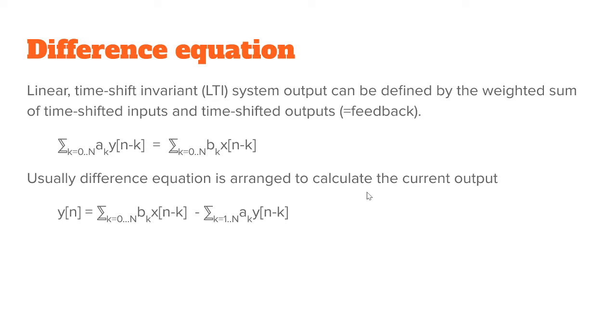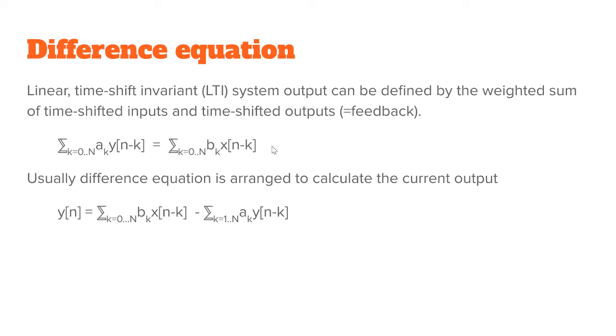What this upper form shows is one way of showing the difference equation. It has the weighted sum of the output and its history, y[n-k], where k, the time delay, goes from 0 to some number N.